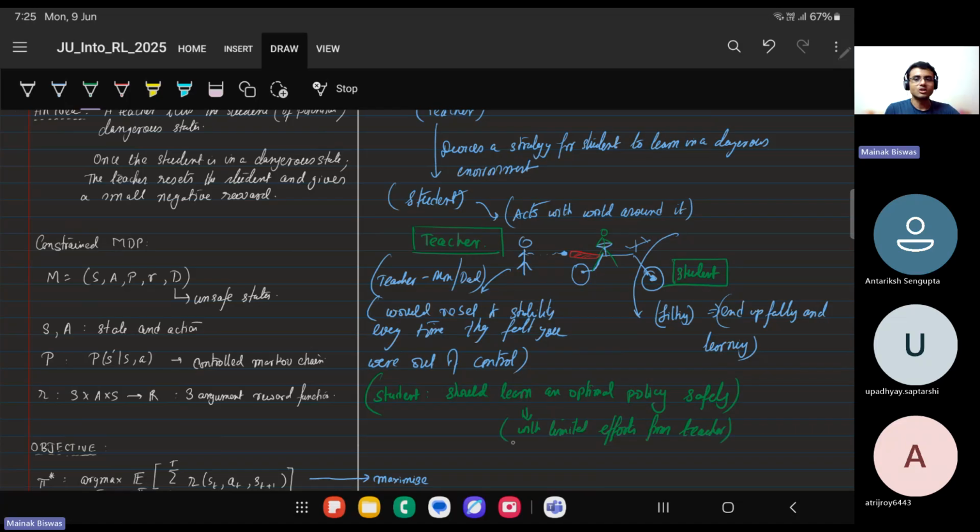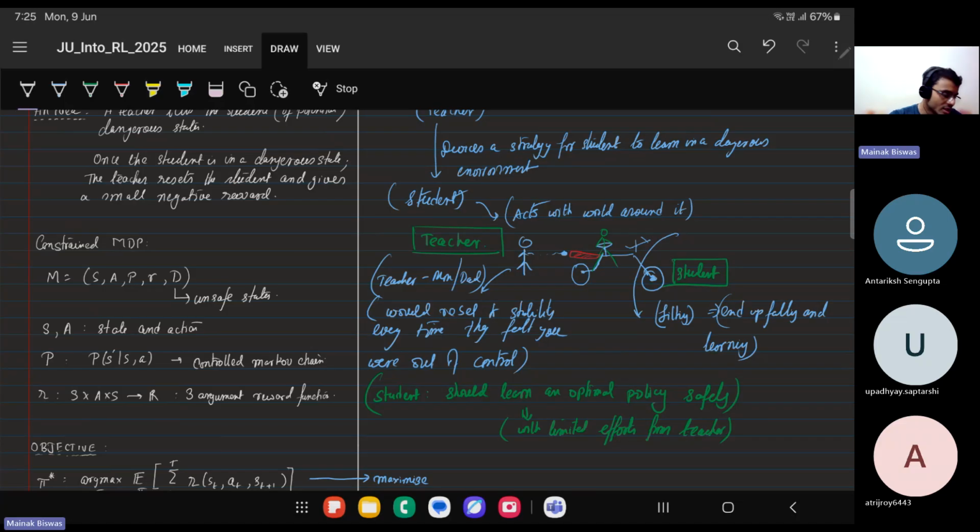So we don't want the teacher to always keep holding the cycle. We want her or him to release the cycle when they think that their child has learned. So these things have to be taken care of by the teacher and the student. This is the motivation that the paper gives you.